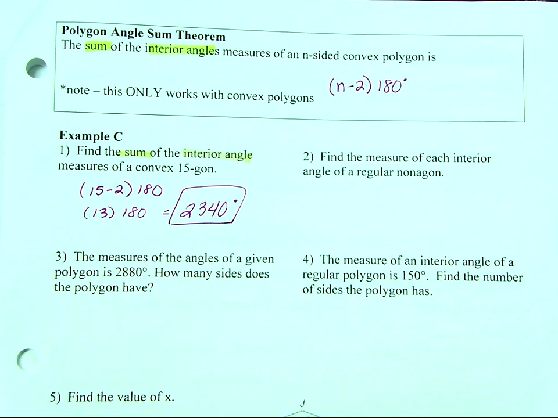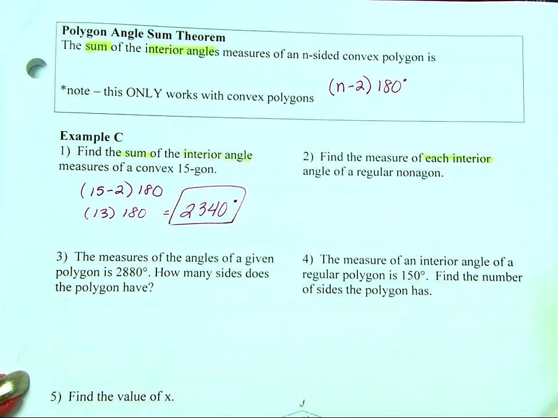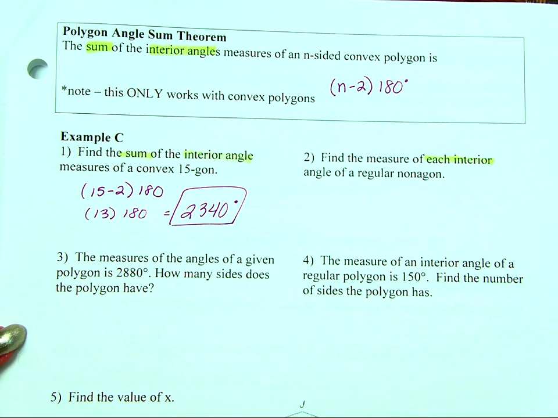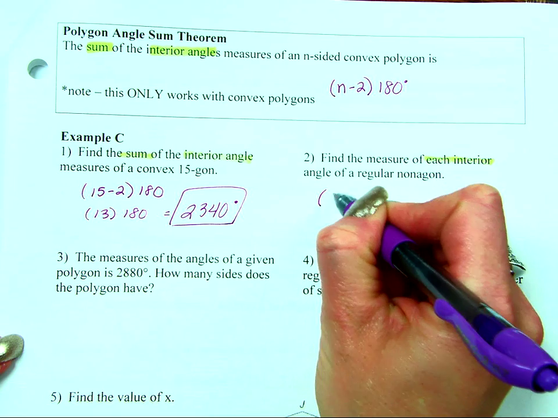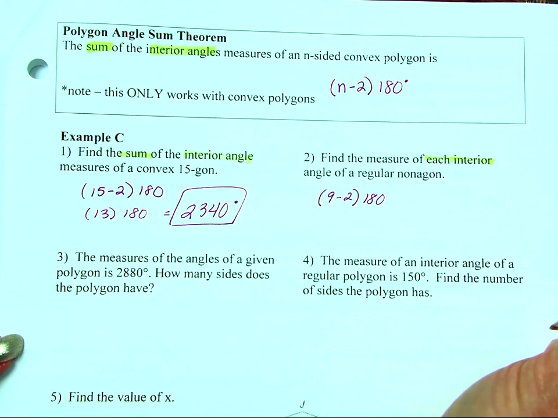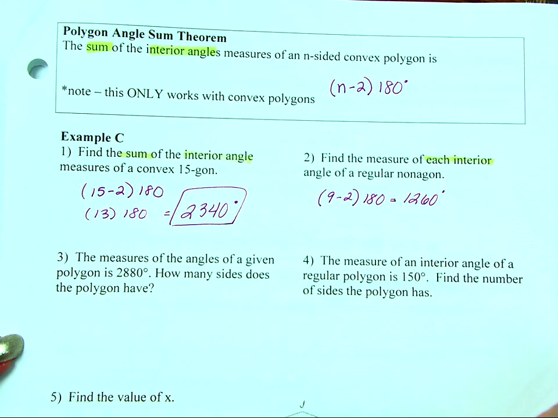Number 2, they're asking me to find the measure of each interior angle of a regular nonagon. So my reading becomes important. Nonagon means 9. Well, 9 minus 2 times 180 would give me 1,260 degrees.